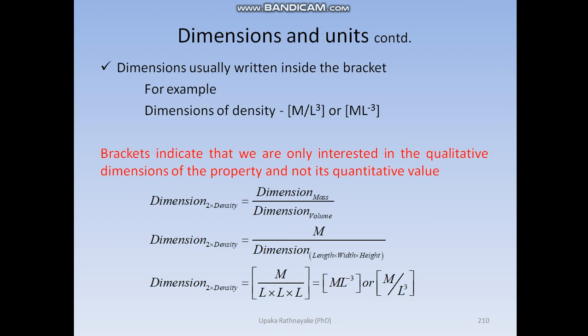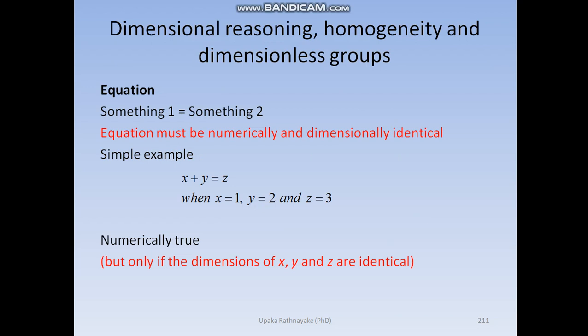Dimensions give qualitative analysis, not the quantitative. Therefore, dimensions are usually written inside brackets. Let us look at the properties of dimensions in equations. If we have an equation, it tells that both sides of the equation are numerically and dimensionally identical.